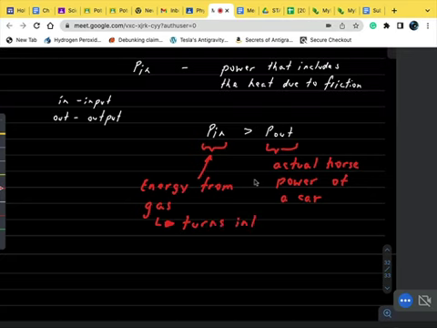So the input power turns into the output power plus the heat that's generated every second. That's why it's more. It's important you understand. Input's always going to be more because it includes the energy that you're losing in terms of heat due to friction.